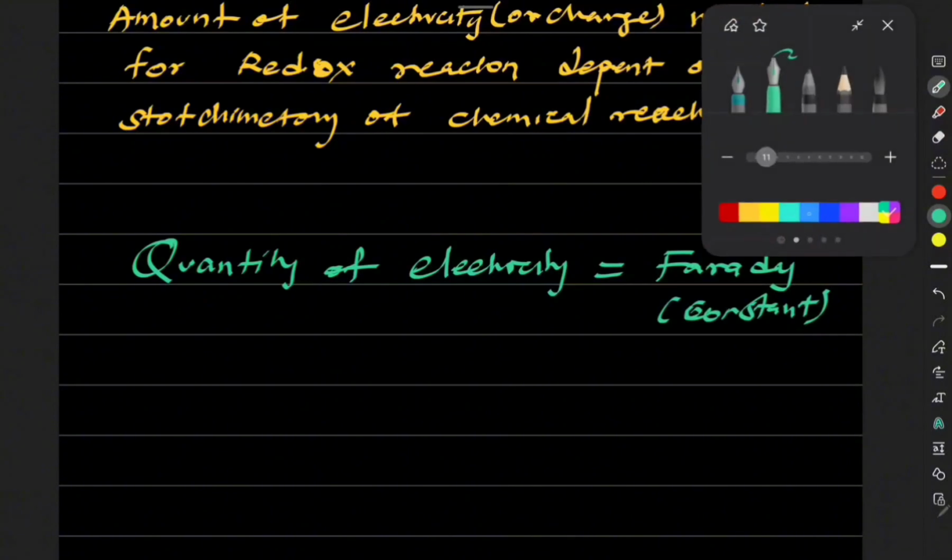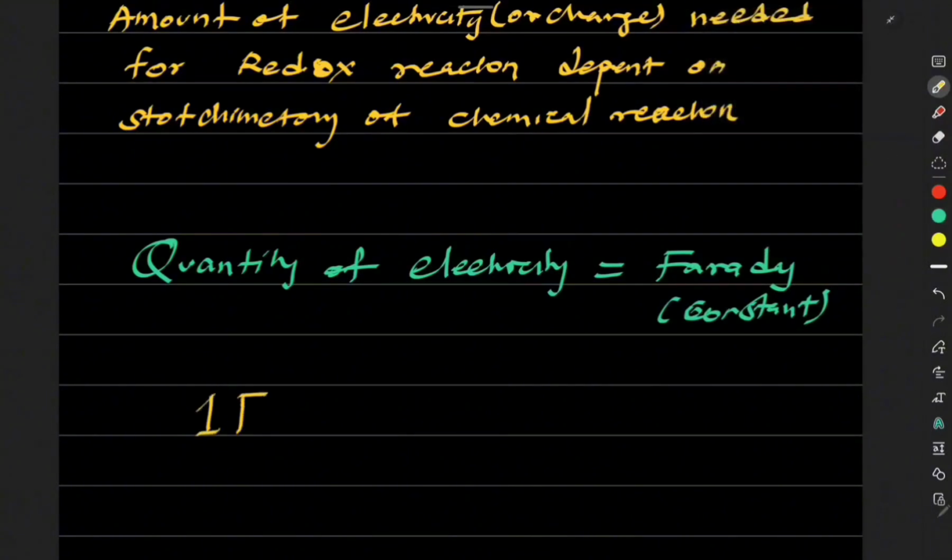1 Faraday, which is symbolized by capital F, is approximately equal to 96,500 coulombs per mole.